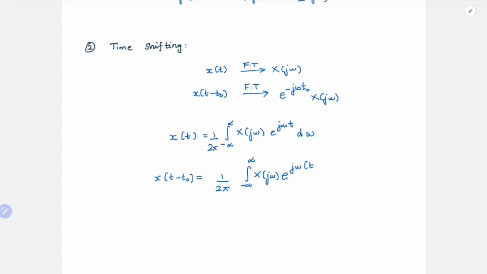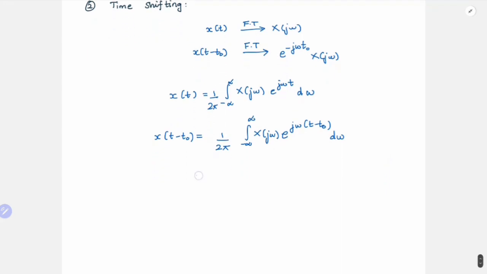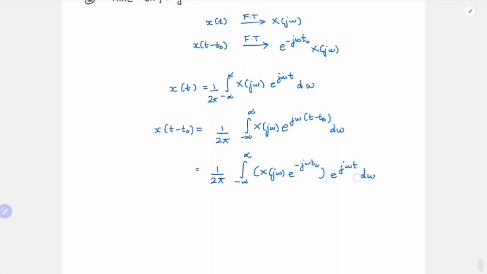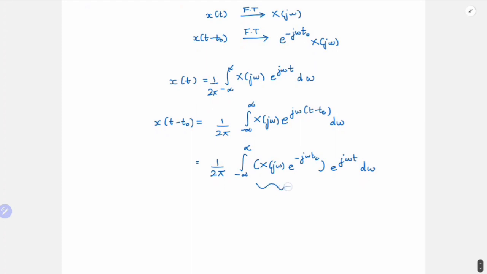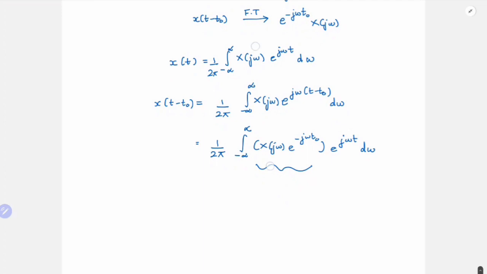So j omega (t minus t naught) d omega. Now if you try to bring the right hand side to the inverse Fourier transform form, we have x of j omega e power minus j omega t naught into e power j omega t d omega. So this is like the Fourier transform of x of t minus t naught, right?